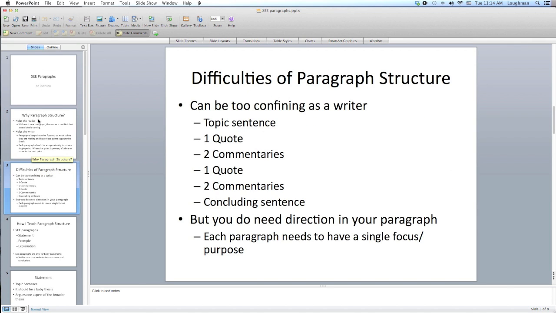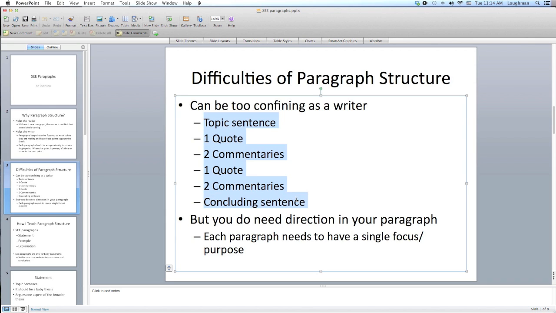What I've found, both as a student and as an instructor talking with students, is that sometimes paragraph structure is frustrating to students. First of all, you hear a bunch of different ideas for paragraph structure, and you wonder, well, what do I do in this class? What do I do in that class? But another problem is that it's so prescriptive. I've seen this format right here in high schools. My wife teaches high school.